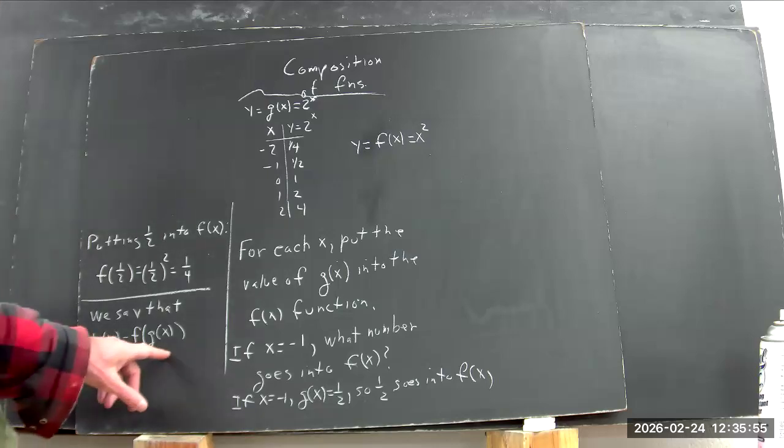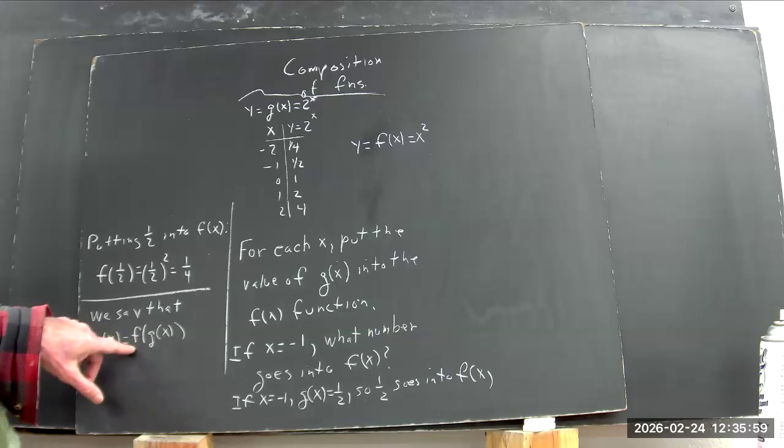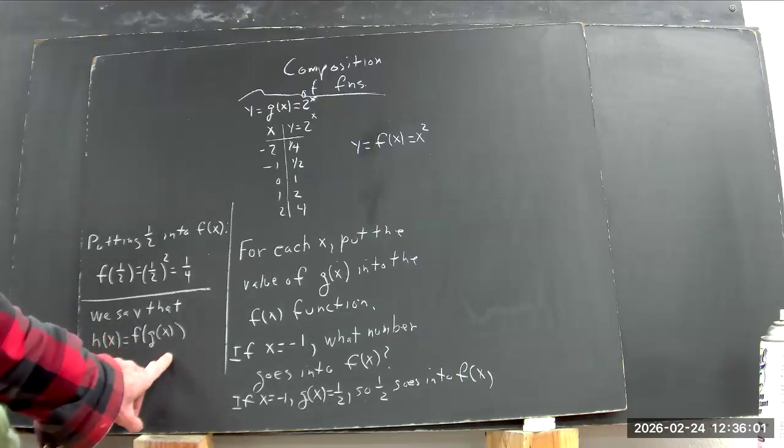If we're putting the value of g of x into the f function, that means we have the function f applied to whatever g of x is.